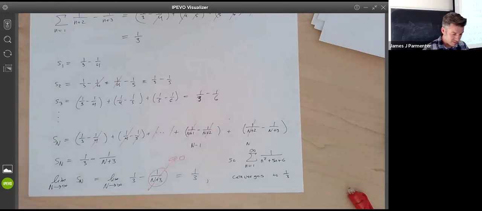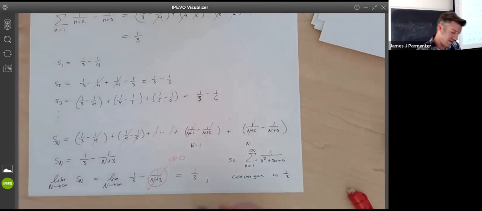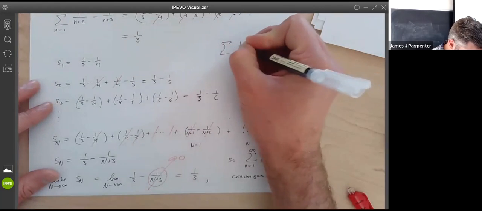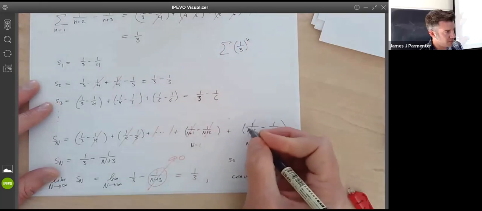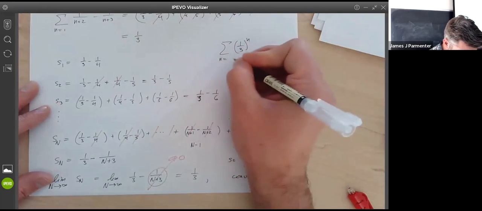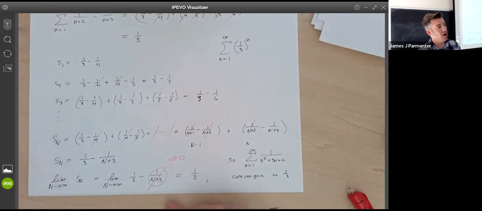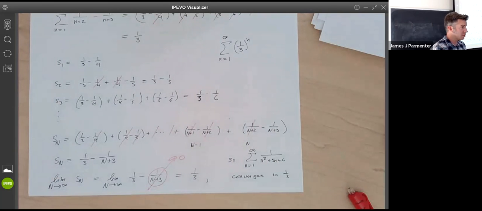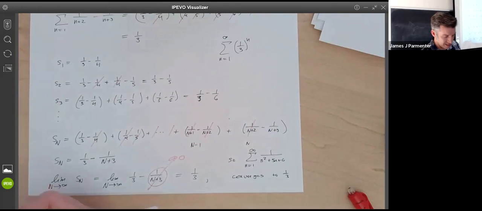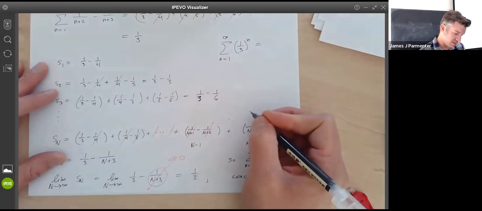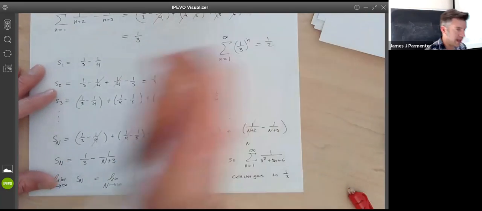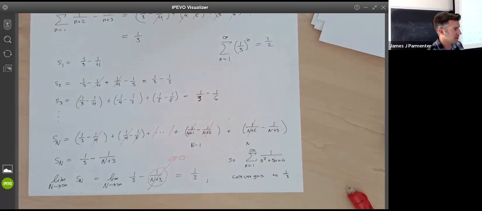We really do, but for the most part, if I was doing this with the series 1/3 to the n, for example, from n equals 1 to infinity, even though I know I should really say it converges to the value it converges to, I might just be lazy and write that it's 1/2.